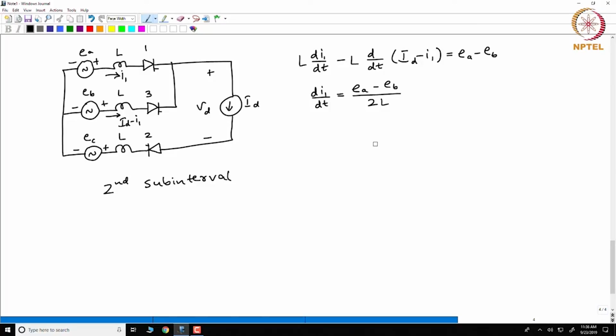EA minus EB is actually a line voltage. So what is EA minus EB? Yeah, minus root 2V. There is a 2 in the denominator. So I can write this as V by root 2L with a negative sign, sine omega ot.